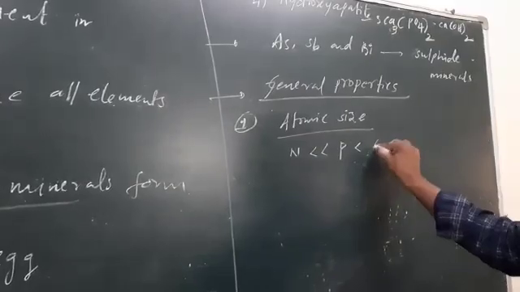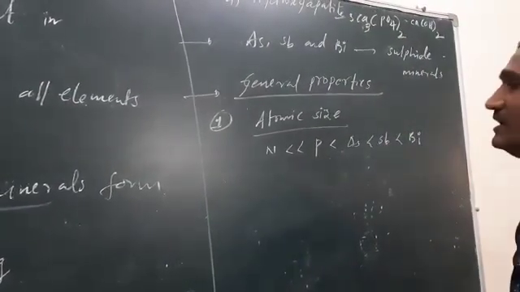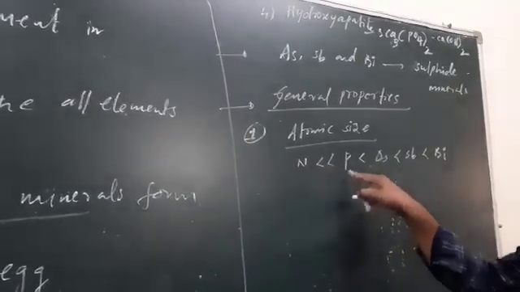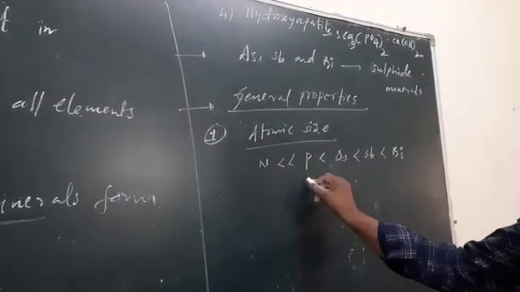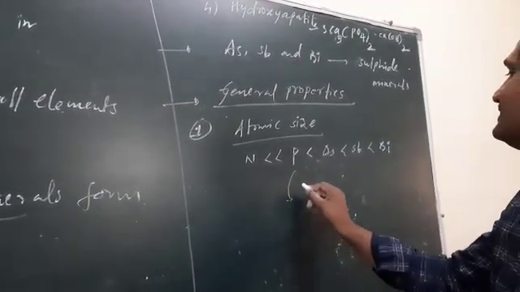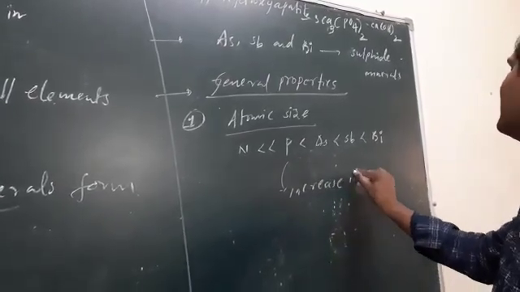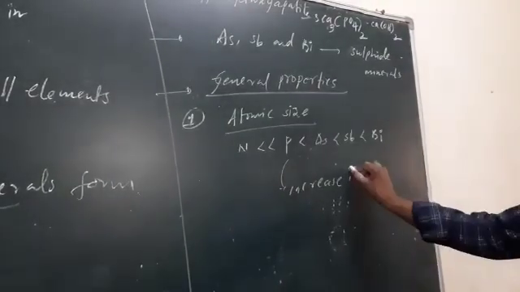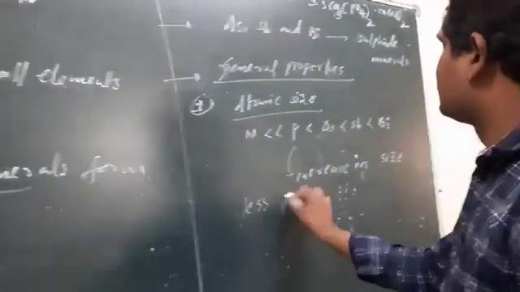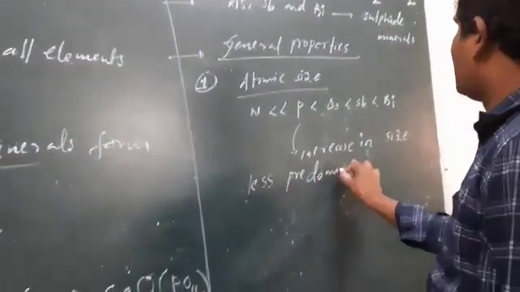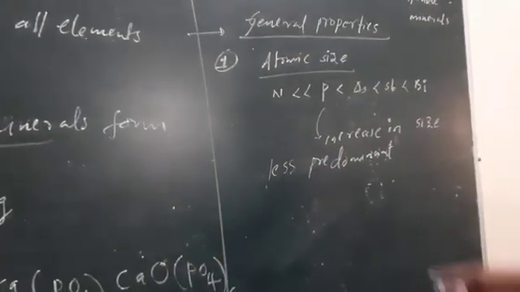Nitrogen, phosphorus, arsenic, antimony and bismuth. Here from nitrogen to phosphorus the increase is large, but after that the increase in size is less predominant. This is due to the poor shielding effect of d orbitals.